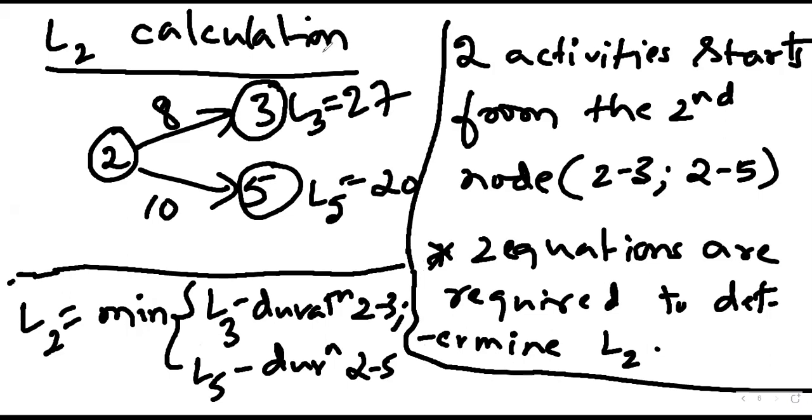If there are any doubts, you can ask. Why are all these things done? To determine the latest time by when the activity should finish. By calculating all these things, we can determine how late we can finish an activity. The project manager cannot go beyond this particular duration. Okay.